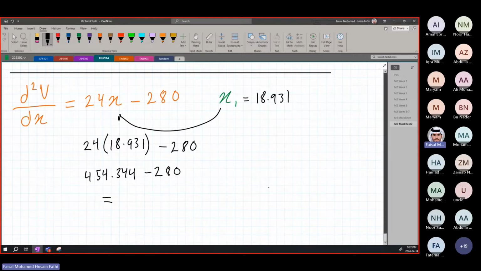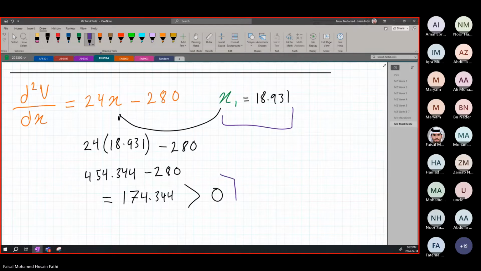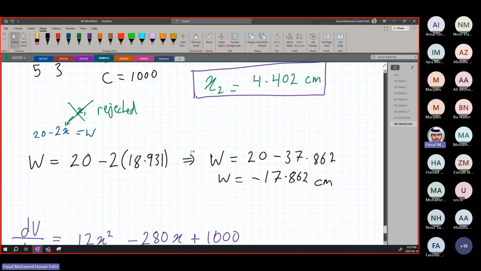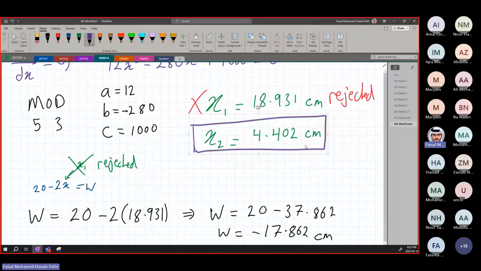And this is going to give us a positive value. It doesn't matter what the value is. All we need to know is that this is a positive value greater than 0. And remember, when you get a positive value, you get a minimum. When you get a negative value, it is going to be a maximum.